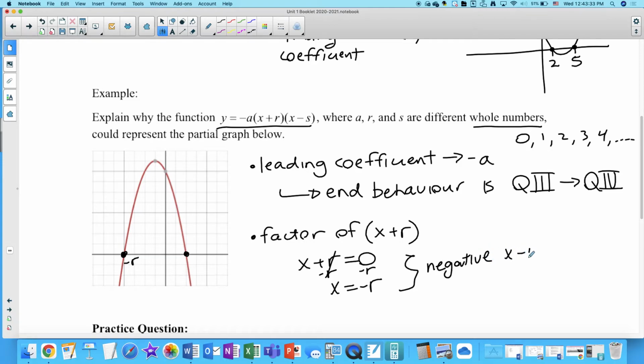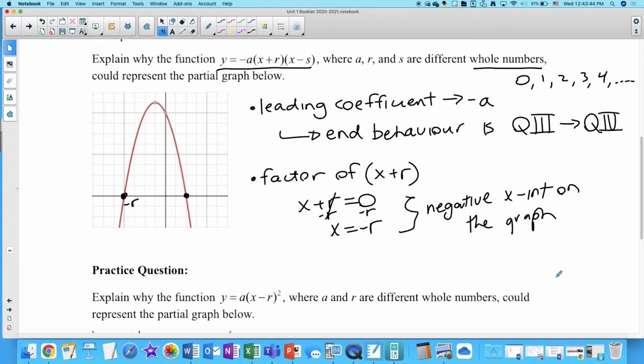Okay, and then we also have a factor of x minus s. Right? Now, that's going to give us our other x-intercept. So x minus s equals 0. X has to equal s. And so this connects to the positive x-intercept on the graph.